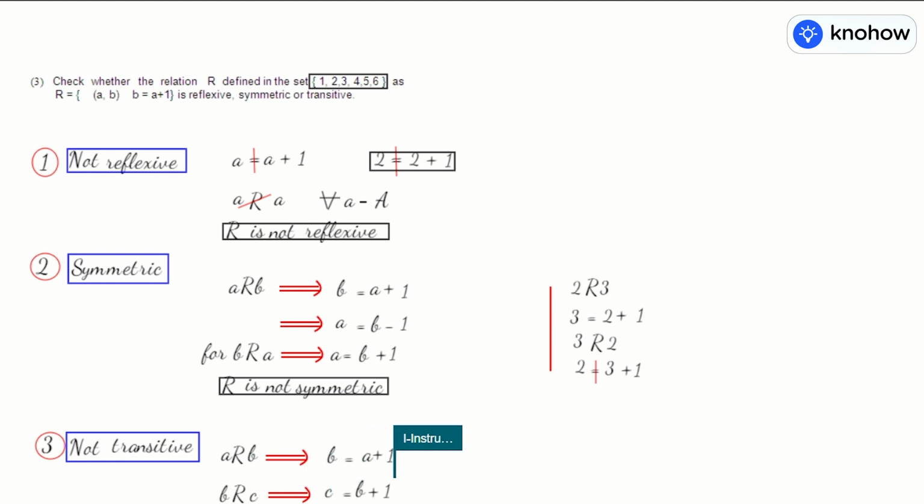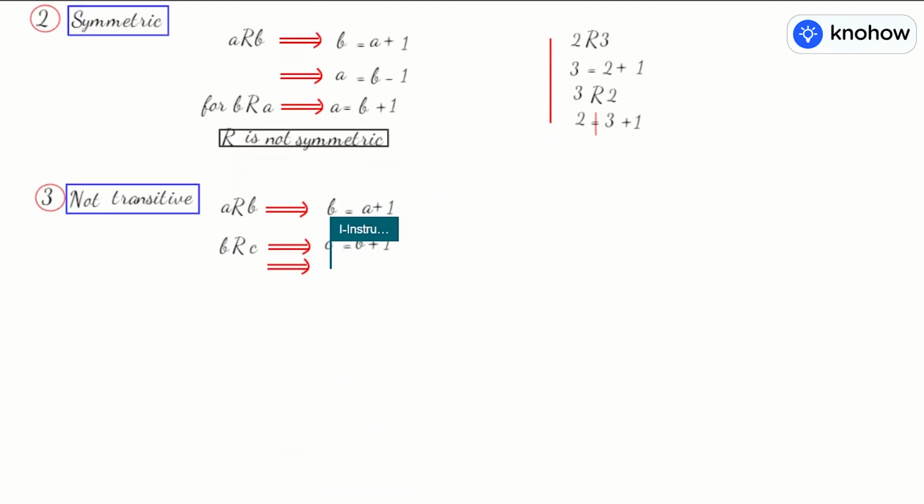Now replacing the value of B here, you get C equals A plus 1 plus 1. So C equals A plus 2. But for the relation it should have been A plus 1. So we can say A is not related to C, and hence R is not transitive.